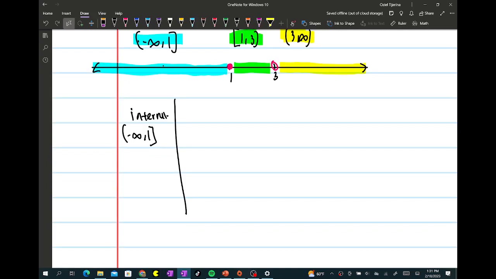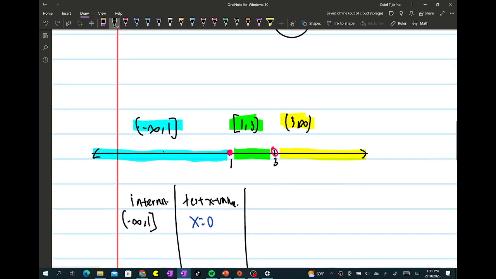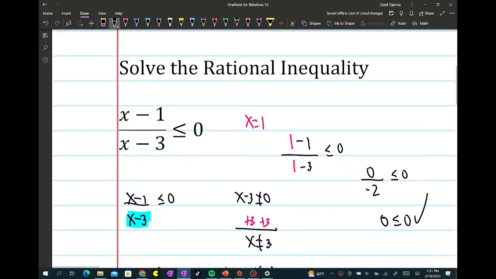We can use something between that, so for the test x value, we're going to put x is equal to 0. I'm going to test 0 as my value.